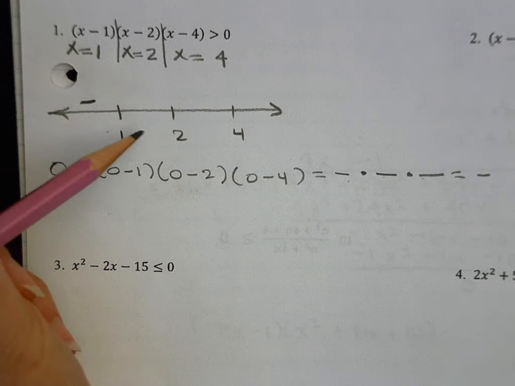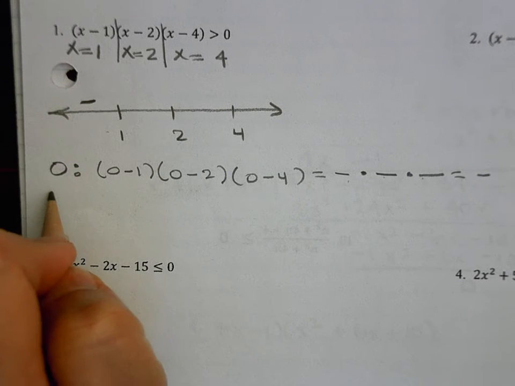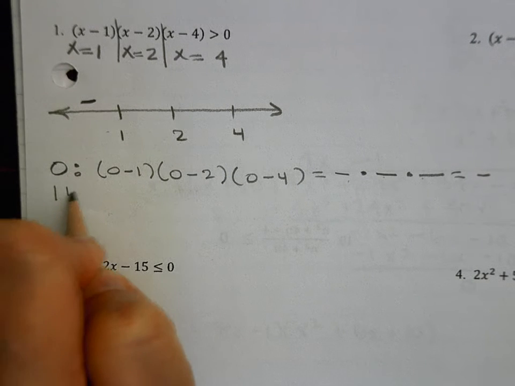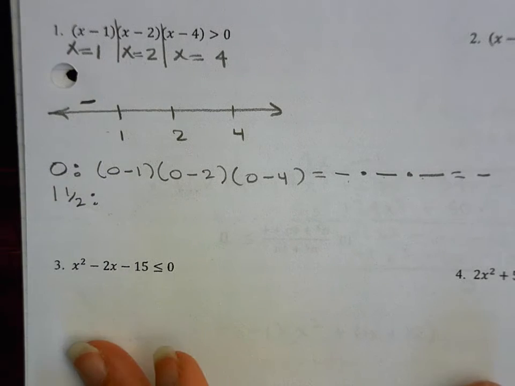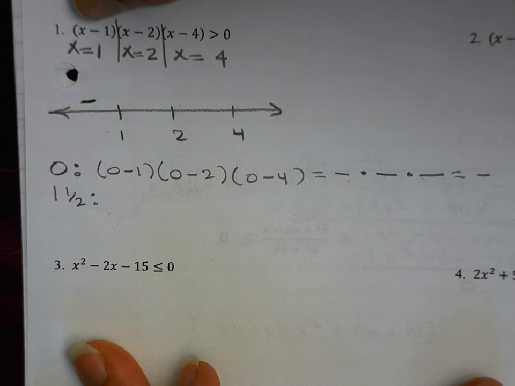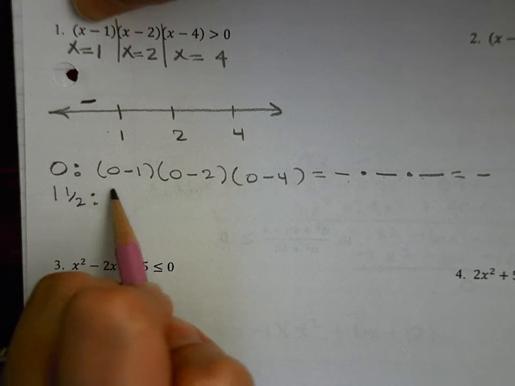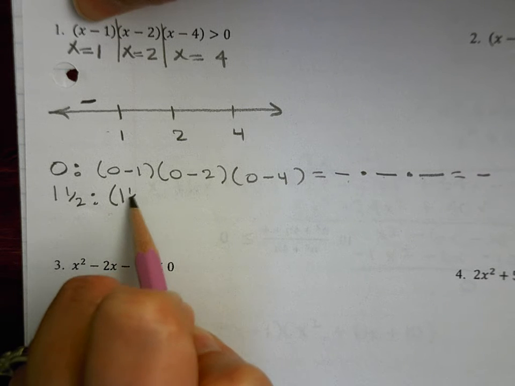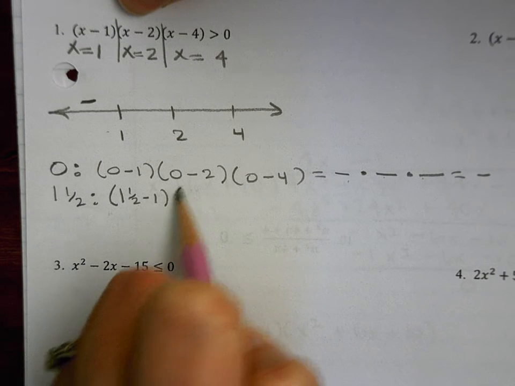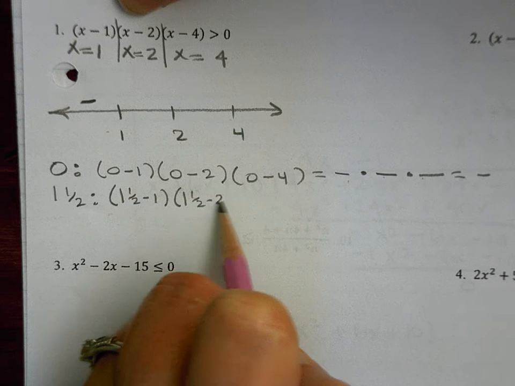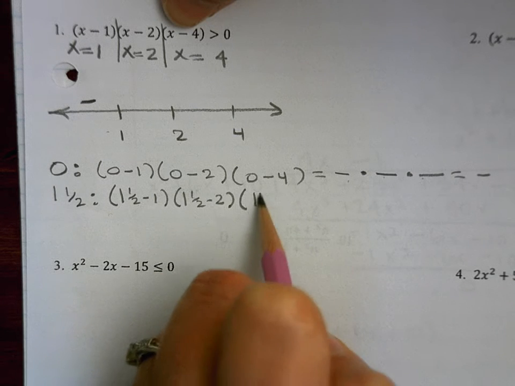Then if I look at a number between 1 and 2, say 1.5, I'm going to replace x with 1.5. So 1.5 minus 1, and then 1.5 minus 2, and then 1.5 minus 4.